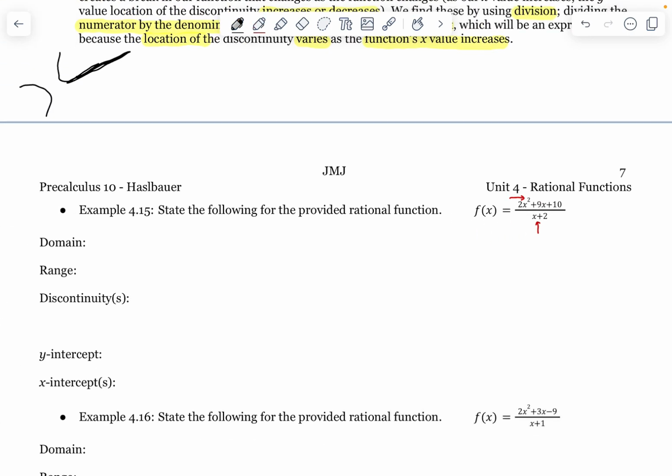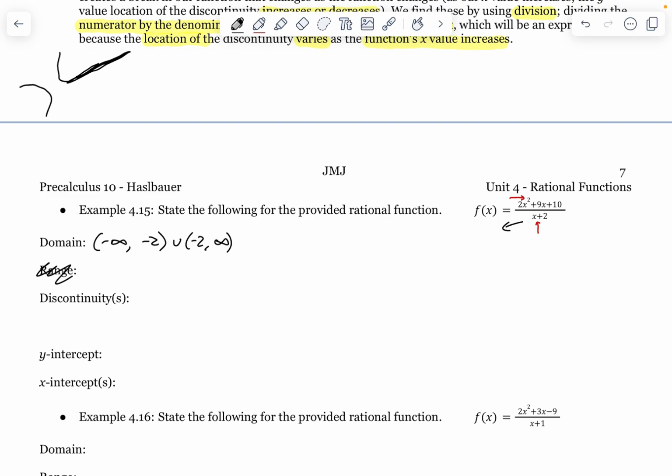First, we're going to just do the regular protocol we do. What is my domain? I look at the denominator. What is the x value I cannot be? That would be -2. I do that first before I cancel anything out.